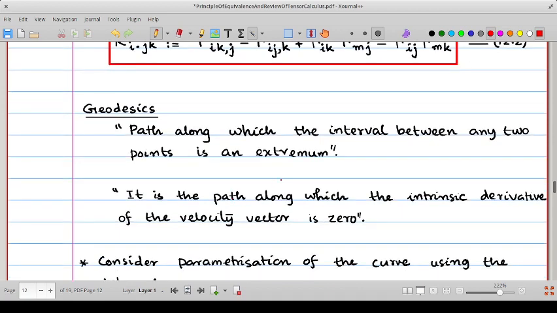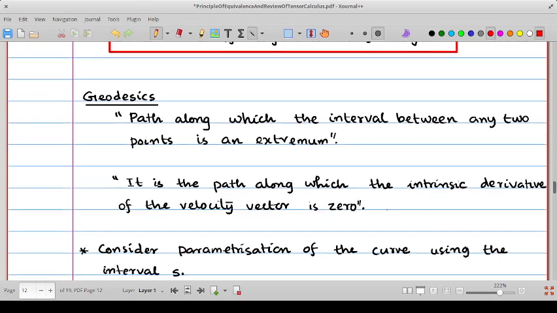Now we discuss geodesics. These are the paths along which the interval between any two points in the space is an extremum. It is also the path along which the intrinsic derivative of the velocity vector is 0.